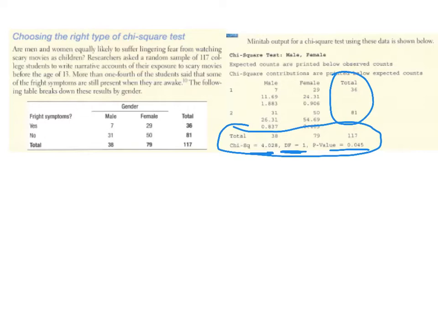Okay, this is basically your key along the top. So for instance, I've got males and females on the top. And so just like over here in my table, where it says 1 and then 2, this is my yes and no's. So this would be yes, and this would be no. And then you can see how these match up with our table, how we've got our 7 and our 29, our 31 and our 50.